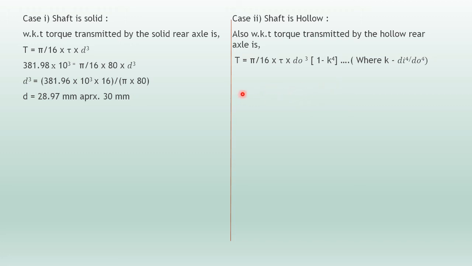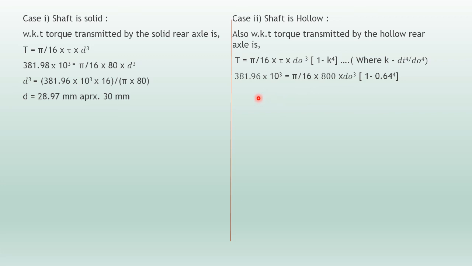You will get this, and by rearranging this term you will get do raised to 3 equal to, in bracket, 381.96 into 10 to the power 3 into 16 bracket close, divided by, in bracket, 80 into pi into 0.82 bracket close. Be careful while solving this equation, or while putting this equation in your calculators.